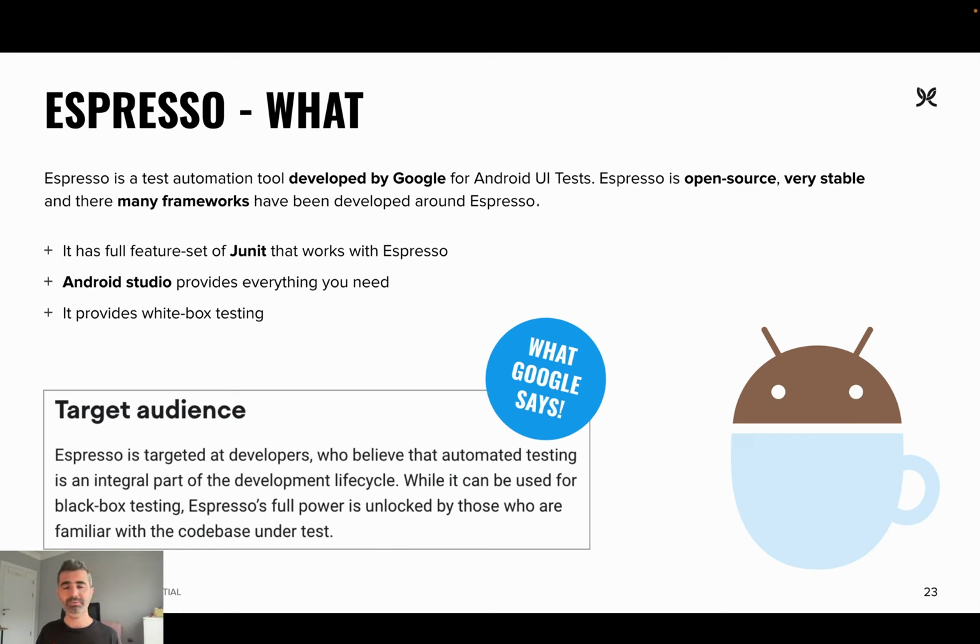Espresso is also open source and very stable, and you can find many different frameworks to develop Espresso tests. Espresso also has JUnit functionality, and you can get the benefit of JUnit in your tests, like tagging, annotations, or setup and tear down functionality. Espresso is part of your development framework, which means that Android Studio is the IDE that you will use, and Espresso has everything for you.